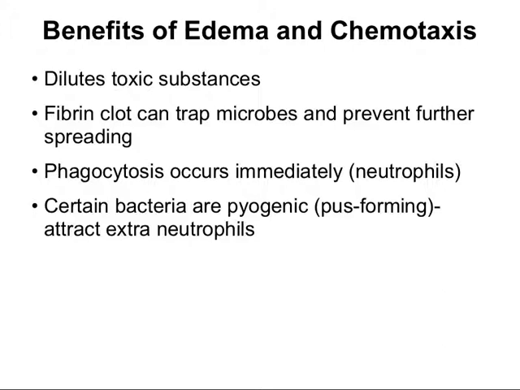This clot can trap microbes and prevent further spreading of the invasion. Phagocytosis occurs immediately as the neutrophils exit the blood vessels. And sometimes we'll see formation of pus because certain bacteria are pyogenic, that is, pus forming, because they attract extra neutrophils to the site of injury.